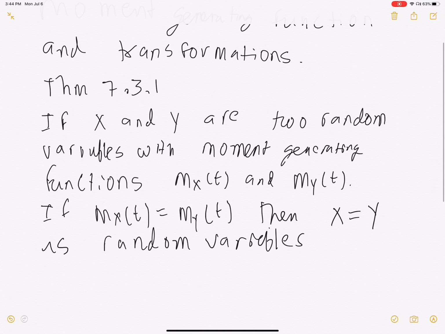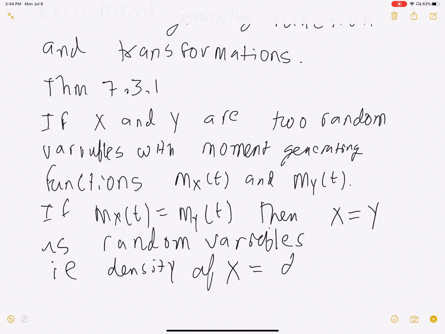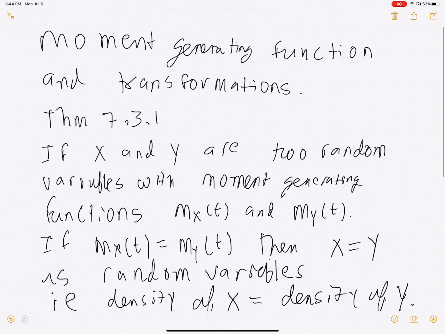If we have two random variables with moment generating functions that are equal, then x and y have the same distribution, i.e. the density of x is equal to the density of y. Okay, and so this is going to be an important theorem, 7.3.1, but there are two more that we're going to use. So let me write those down as well.